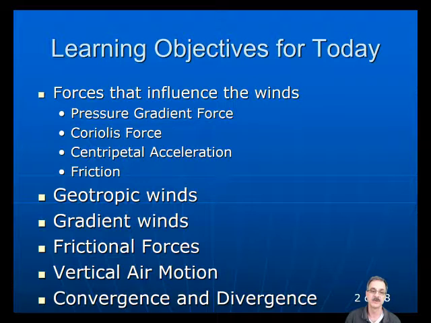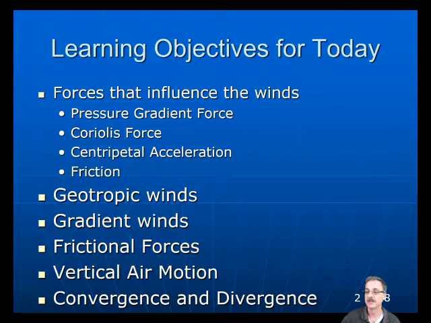These forces will produce several types of winds. One of them is called a geostrophic wind. The other one's called a gradient wind. And then we'll talk more about frictional forces and how air moves vertically in the atmosphere, and something called convergence and divergence of winds or pressures in the atmosphere.